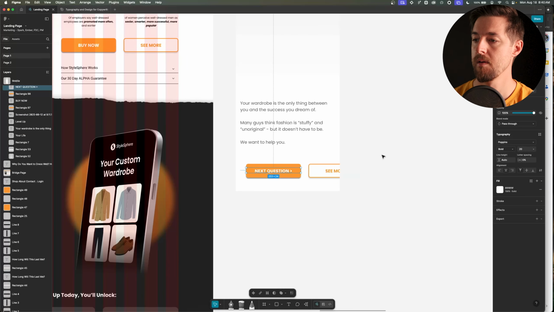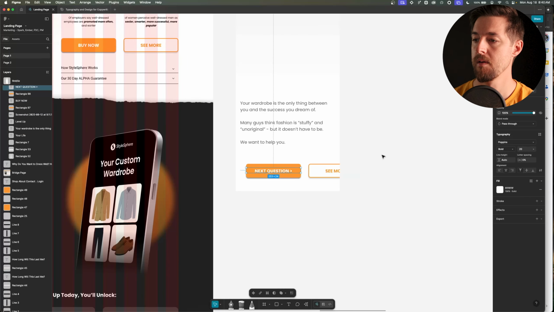I was thinking about doing a previous question and a next question, but let's just keep them moving forward. I want all of these to be roughly phone height. Now, can I turn on my guides? Yes.